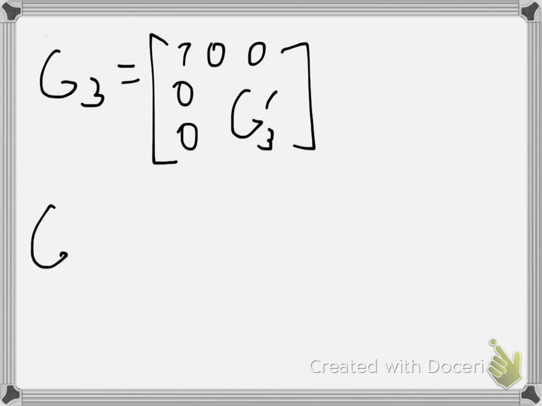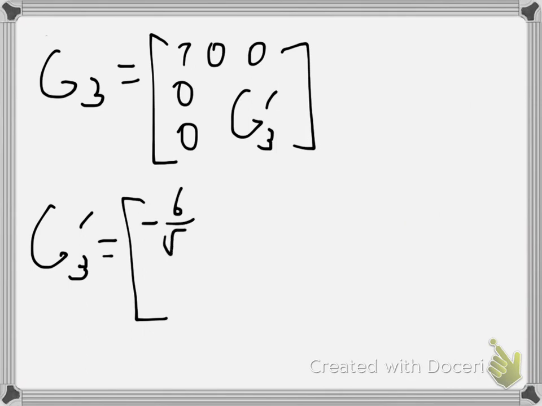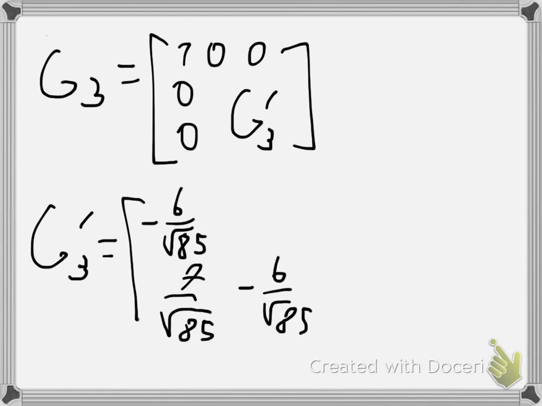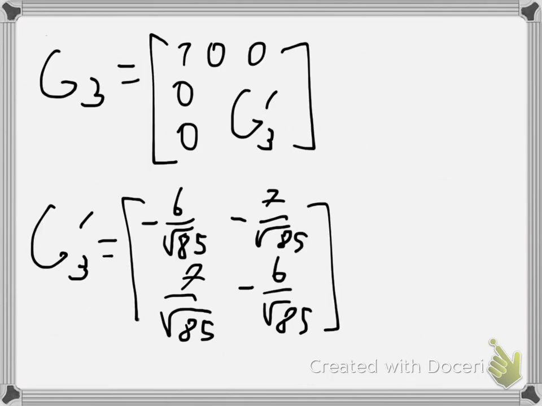Okay, and so J3 prime will be this value here, negative 6 over square root of 85. Okay, so our J3 will be the following.